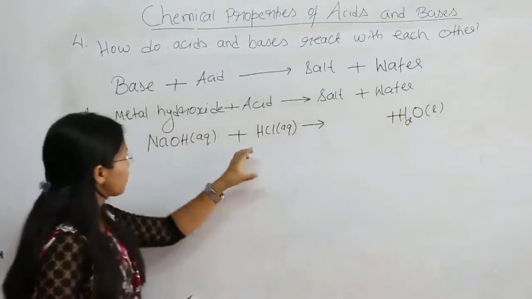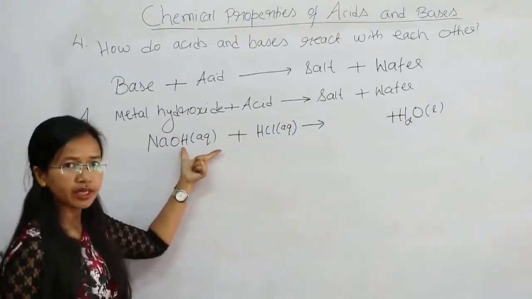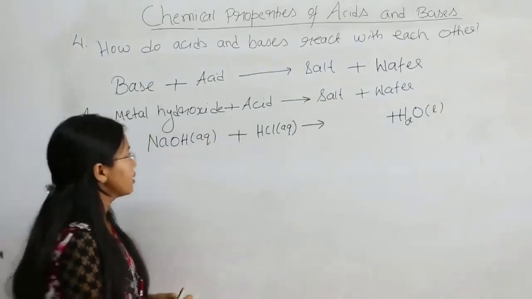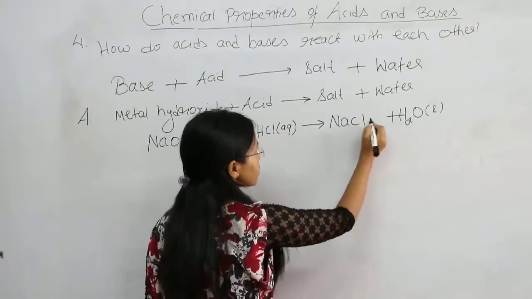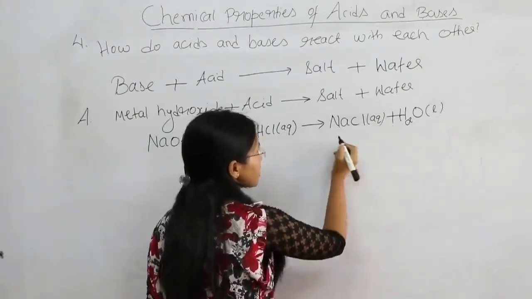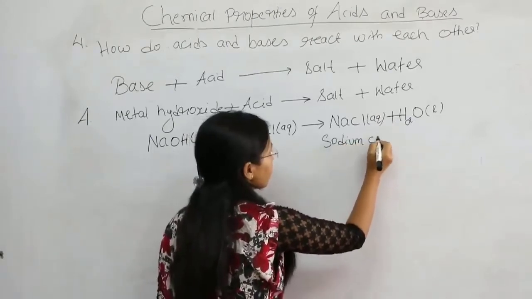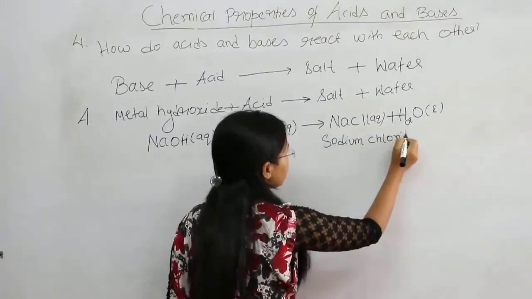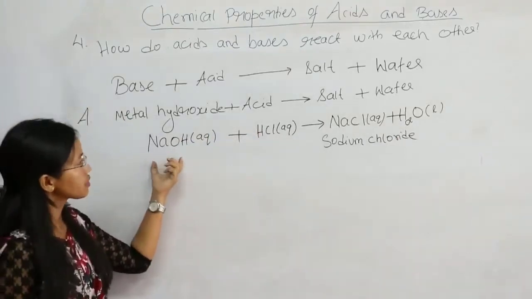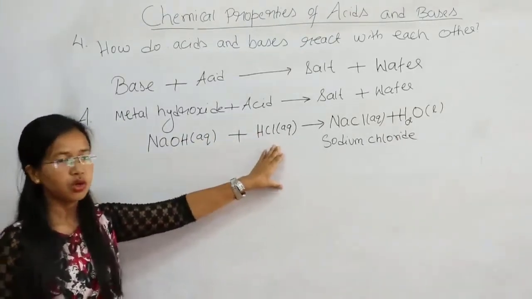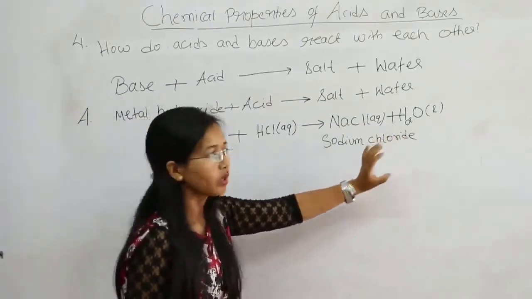So what happened? One hydrogen from here is taken, with this we will get H2O. Then you will get NaCl. This is the salt which is known as sodium chloride. So this is the reaction of metal hydroxide with an acid. You are going to get salt, in this case sodium chloride, with water.